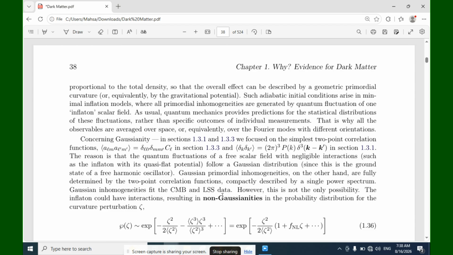This is consistent with Gaussian inhomogeneities in the cosmic microwave background and LSS data. However, this is not the only possibility.